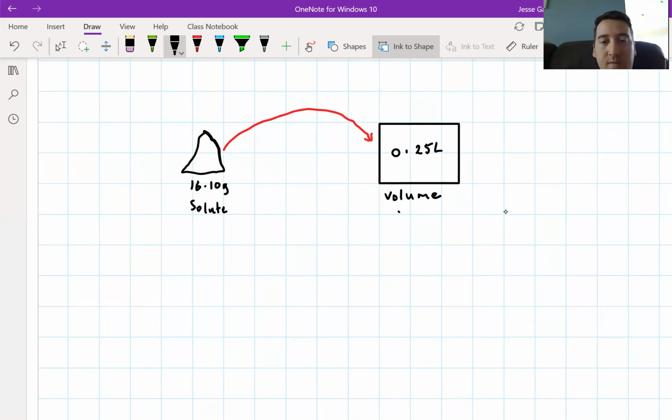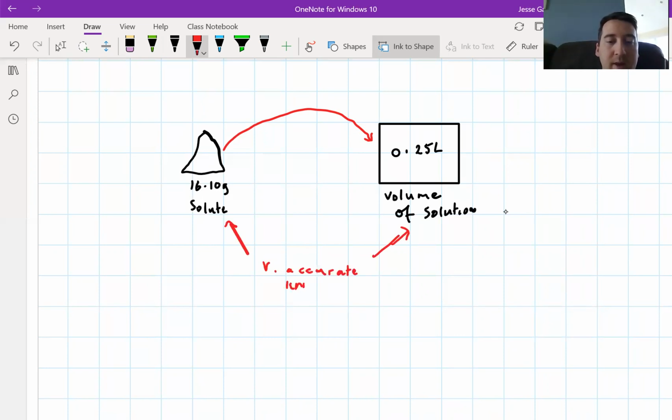The key thing here that's different from what we've talked about before is that the number of grams of the solute, and the volume of the solution, are very accurately known. The only way you could get these to be very accurately known is if you measure them very precisely.